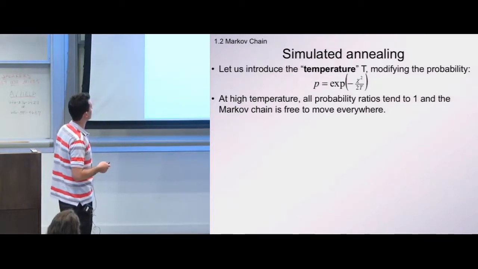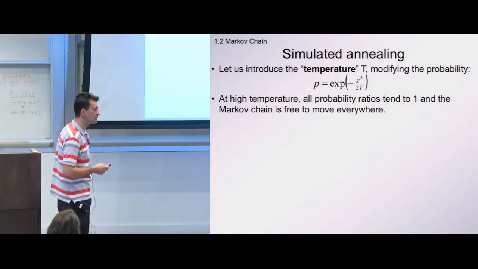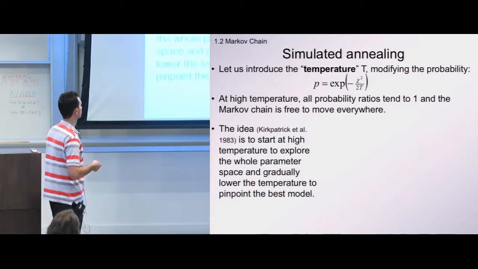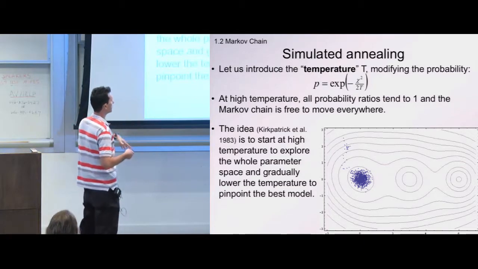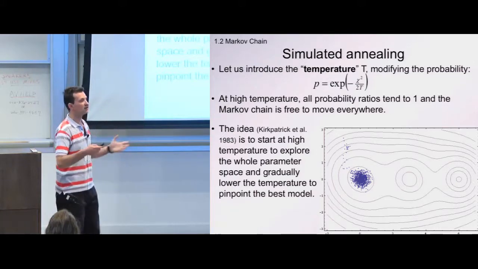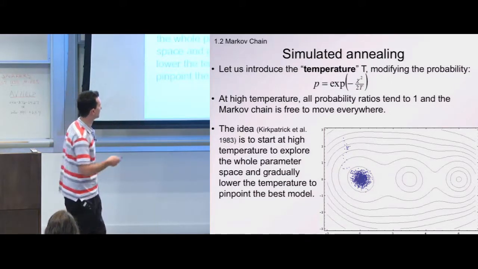In this way, you can find many possible candidate minima. And then if you want to explore them more closely, you can go down with the temperature. You can decrease the temperature gradually, until you go down to T equal 1, in which case you are starting to sample the correct likelihood.